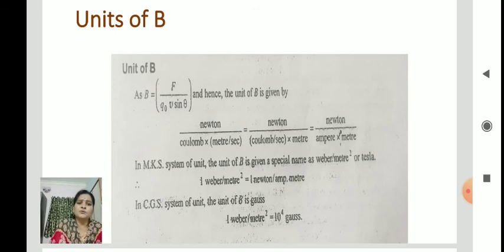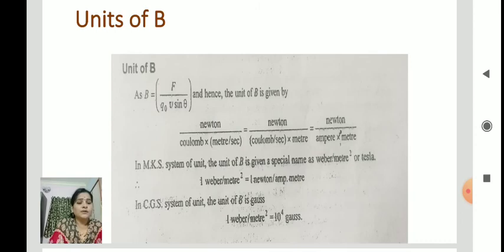So Newton, and Coulomb per second is charge per time, that is current, so it is ampere. So it is ampere meter. So Newton per ampere meter is the unit of magnetic field induction.